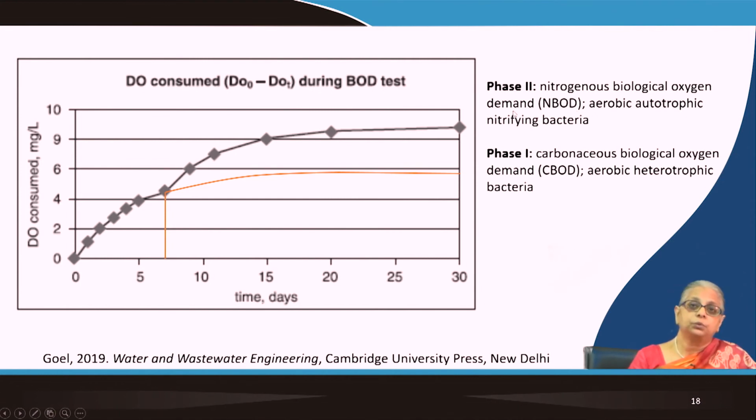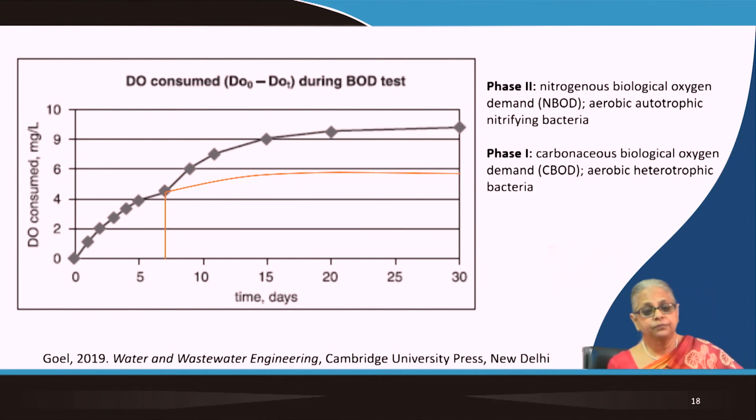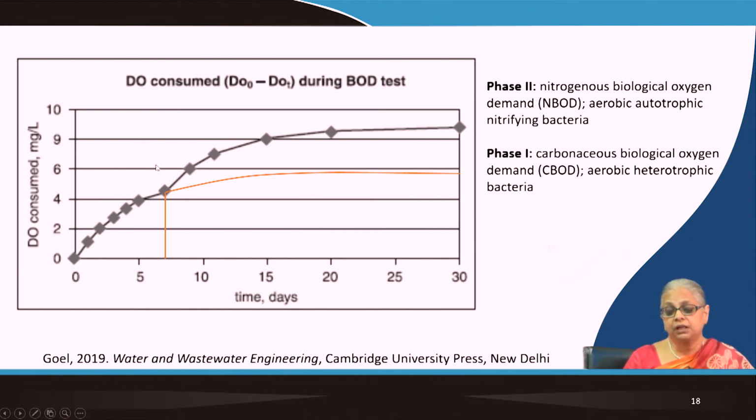So if you remember what I said, ammonia plus oxygen is being converted to nitrite and nitrate. So this second phase is exactly that reaction, where ammonia is being converted to nitrite and nitrate, and oxygen is consumed in that process. So this is the BOD test if it were to be carried out over a long period of time.